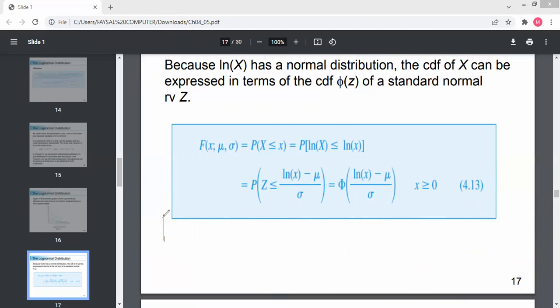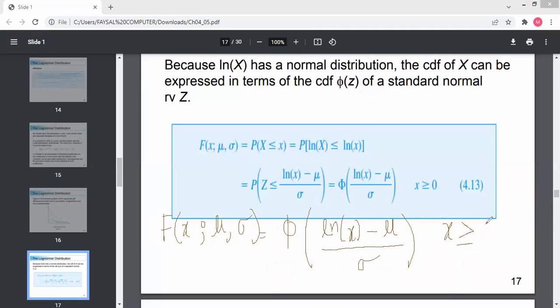It will be F of x, mu, sigma, which is phi of the log function, so it will be log x minus mu, whole divided by sigma. This value is applicable when x is greater than or equal to 0.